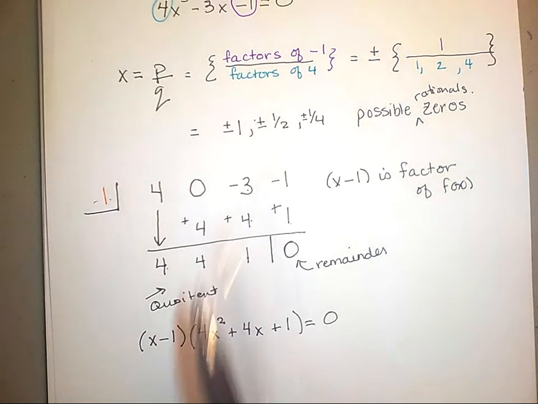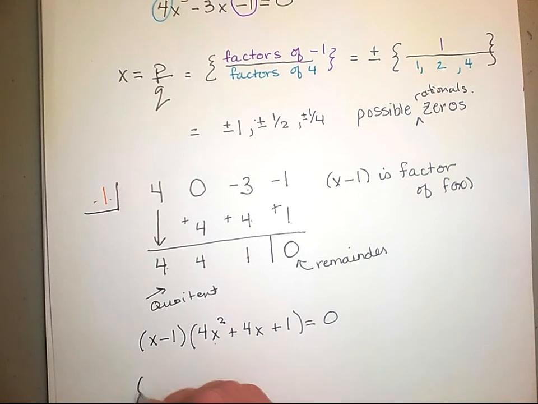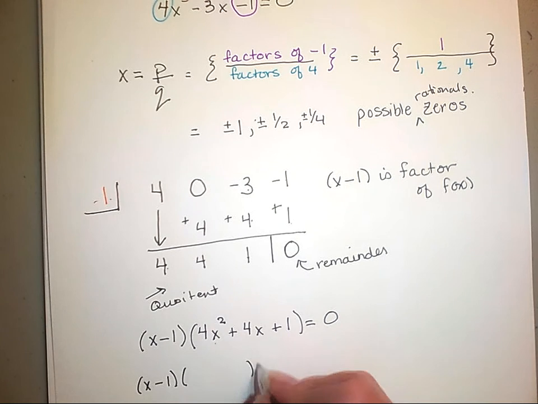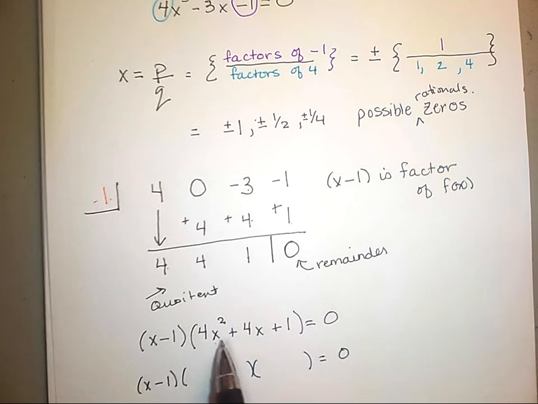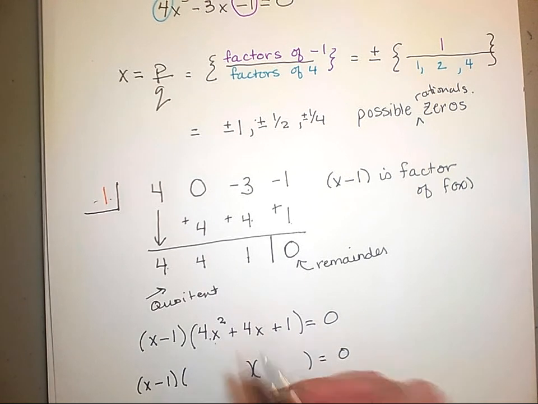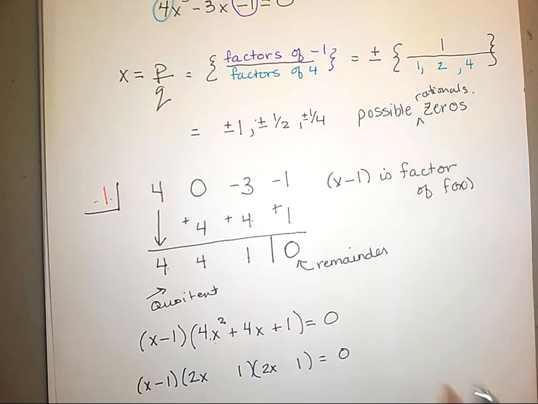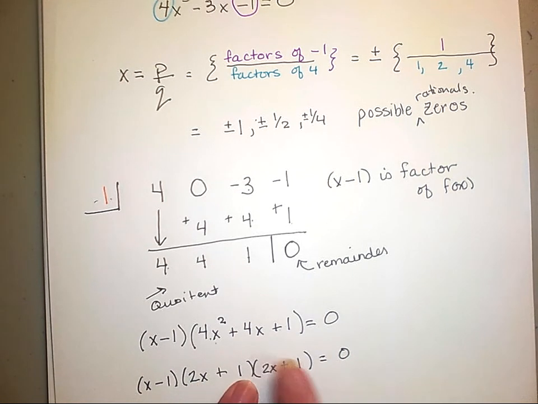However, this is quadratic, and so we know we can solve it. Let's see if it'll factor. 1 is a perfect square, and this is a perfect square. So let's try 2x and 1 and see if this works. This would be 4x squared plus 2x plus another 2x is plus 4x plus 1. So great, that worked.